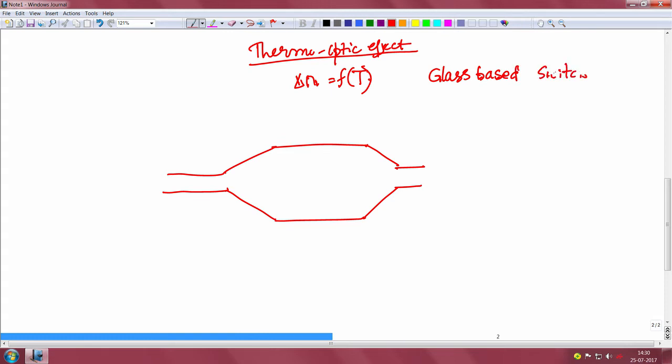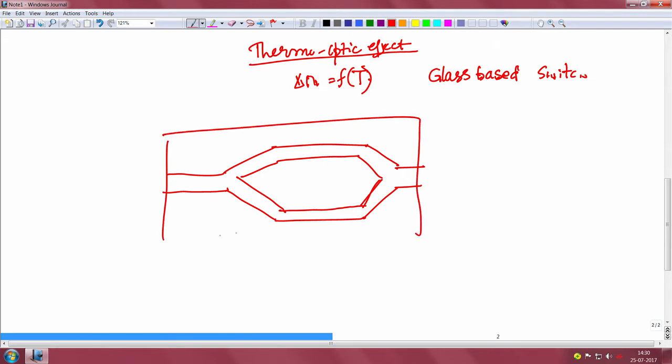Let us call it a switch. I will try to explain the function of a thermo-optic switch. This is the basic interferometer on a glass substrate. So, the substrate is glass.